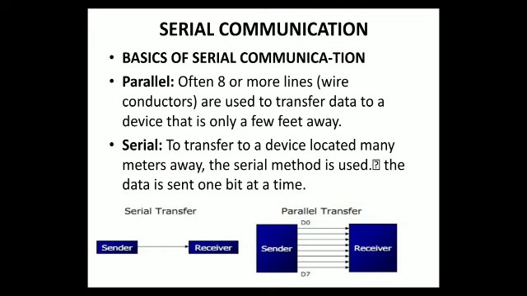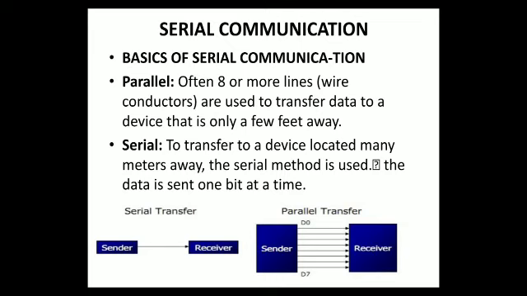But parallel communication obviously needs a larger number of conductor wires to transfer the values they carry, and because of this, the transfer distance is limited. It cannot be extended for very large distances. Parallel communication only supports small distance communication, in a few feet.